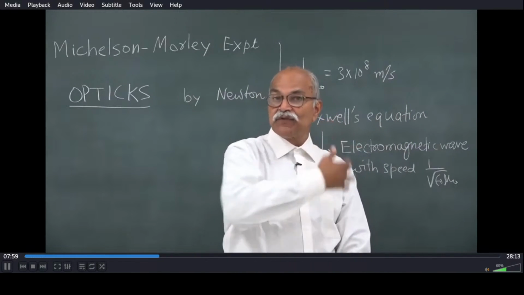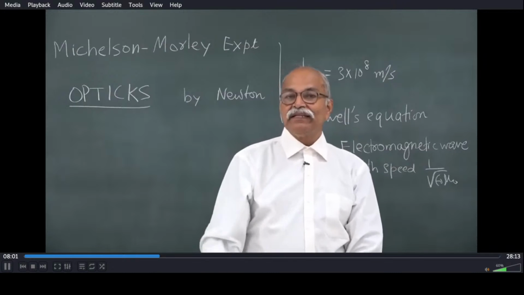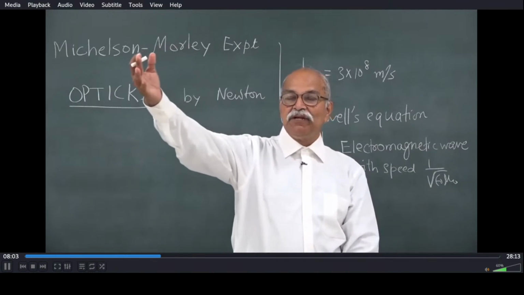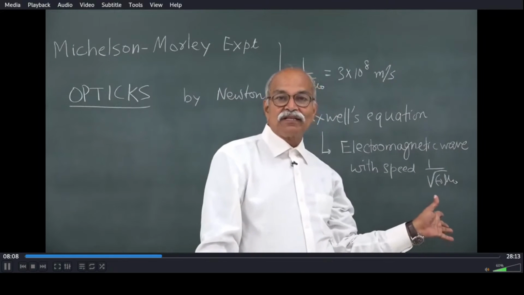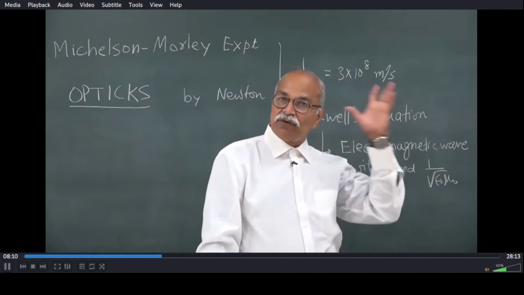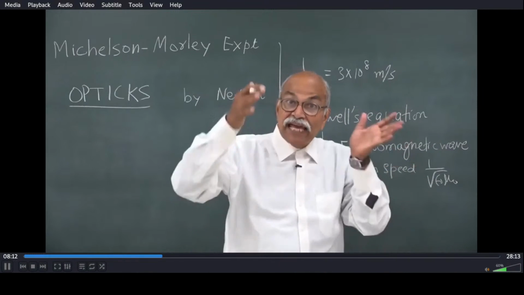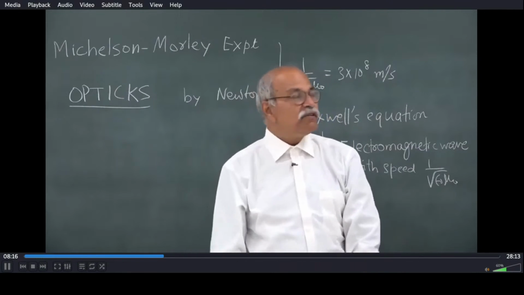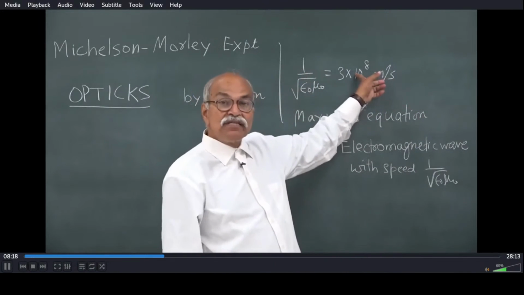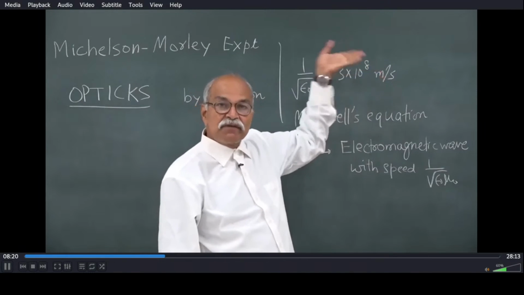But if you have wind, then in the direction of the wind, the speed will be more than this, and opposite to the direction of the wind, the speed of sound will be less. In the frame of that air, the speed is given. So if the numerical value of the speed is given, it must be with respect to something.